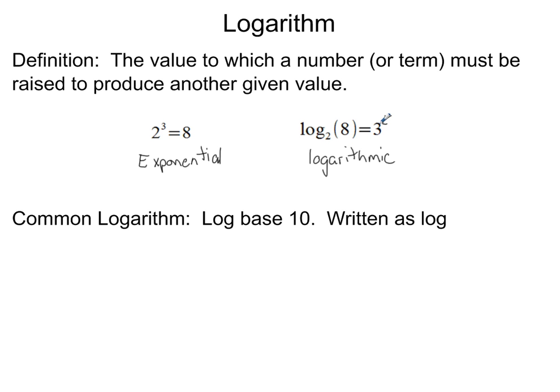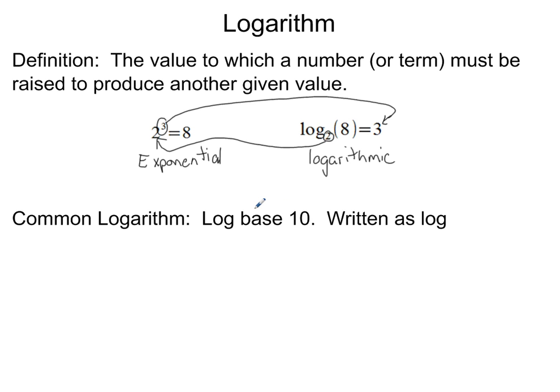So this right here was originally our exponent. This was the base. And then this was just the number that we were trying to get. The 3 here is what we call the logarithm, and you see where it comes from? It's the value to which we raised 2 to get 8.